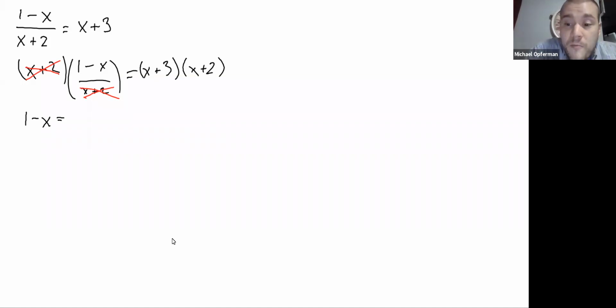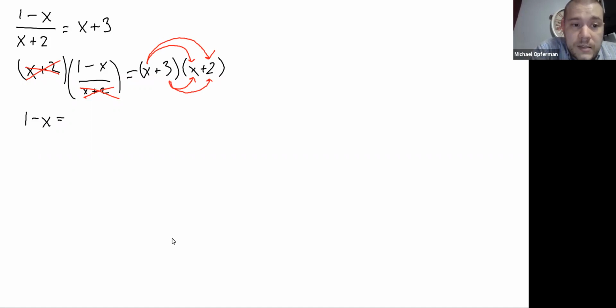You probably learned the FOIL method to do this, which is the way most people do it. So we do x times x, then x times 2, then 3 times x, and then 3 times 2. That's going to give us 4 different quantities.